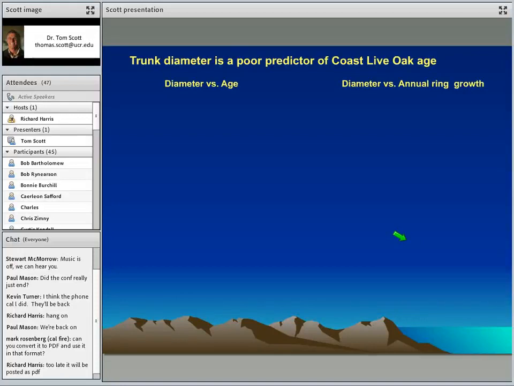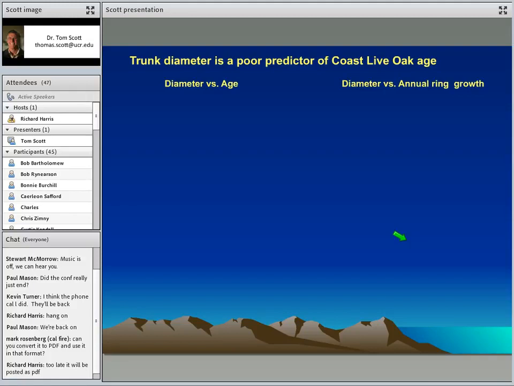This is out of a sample of about 2,000 trees that are Engelmann oaks, California black oaks, and coast live oaks. And so I know you can't see the graphs, but when we try to look at annual ring growth and diameter, we get a much better correlation.